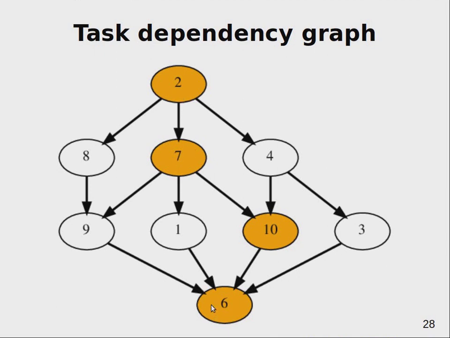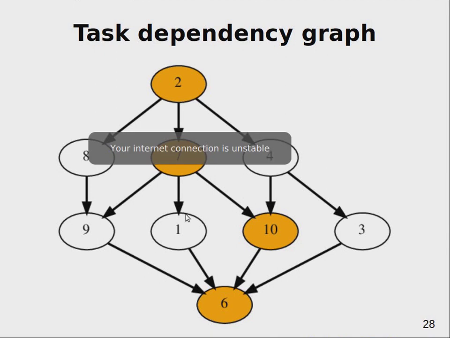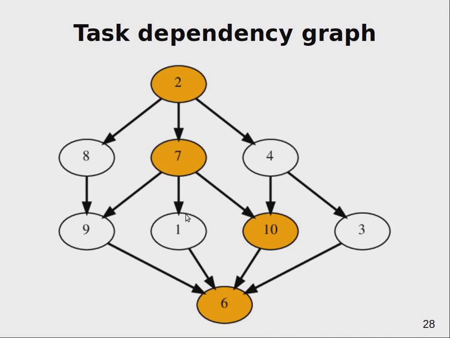And also what is very important here is that depending on how much time you need to spend on each particular task, you can see here clearly what is the so-called critical path in the graph. The critical path in a graph is the tasks that contribute to the overall length of the project.